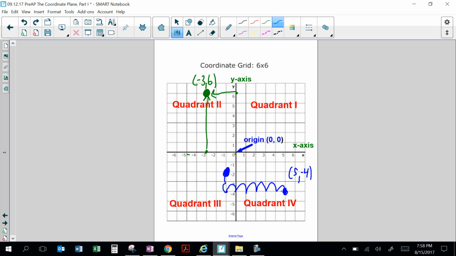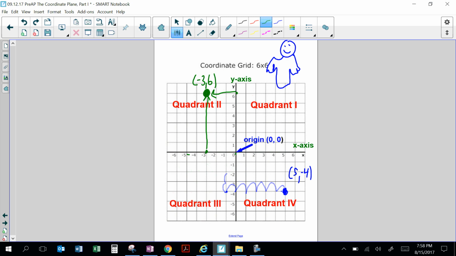Please label that ordered pair as the letter C. Now I want you to name it. So X is -1, Y is -2. And what quadrant did you stop at? I stopped at quadrant 3.